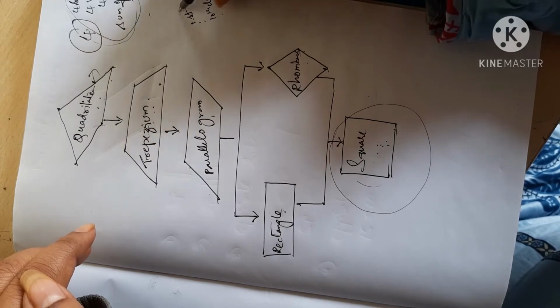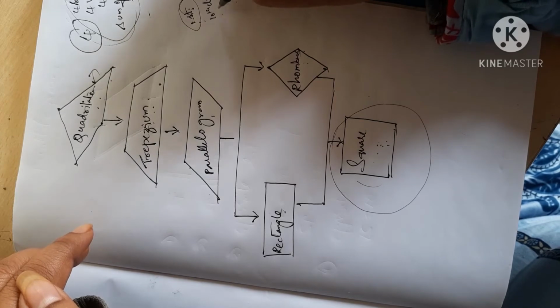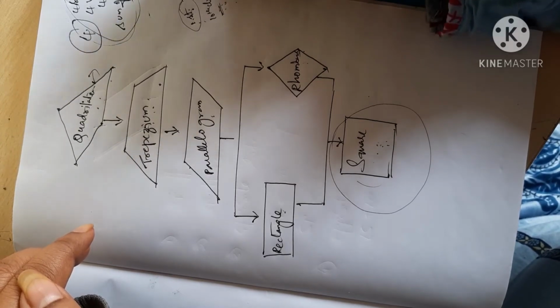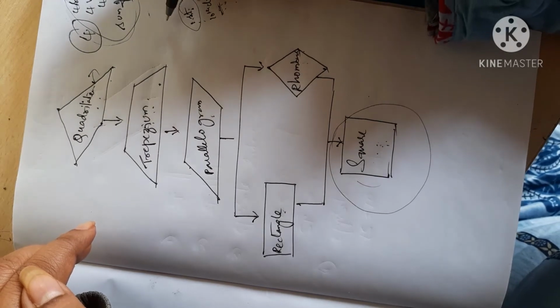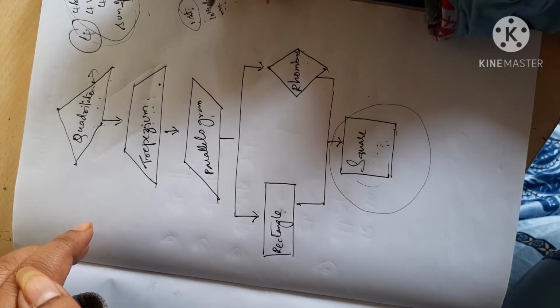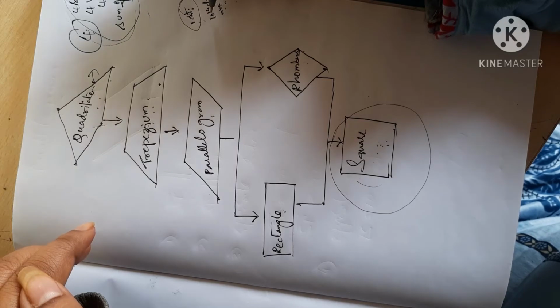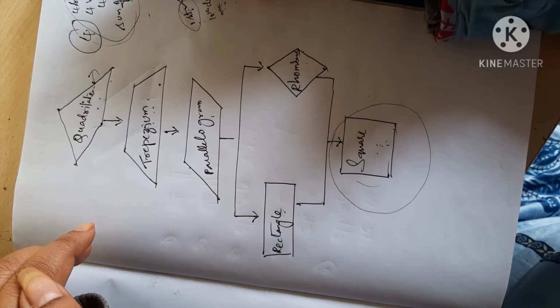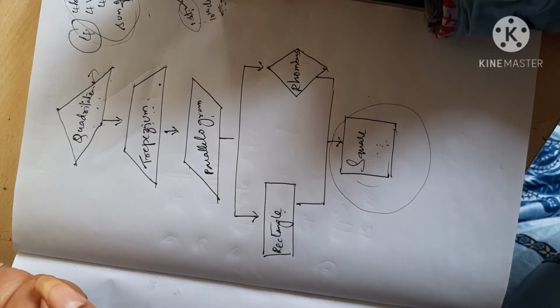Why? Because whatever knowledge the first class student has, the same knowledge this 10th class student has, because he came across first class, second, third, fourth, like that, up to 10th class.